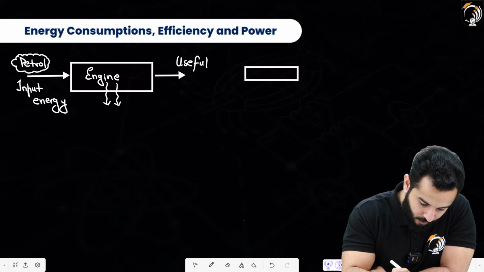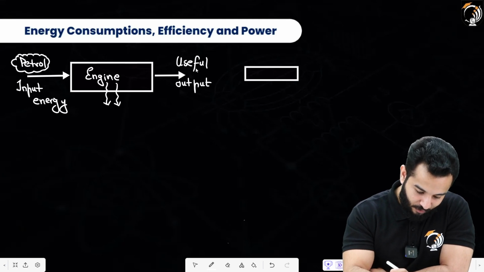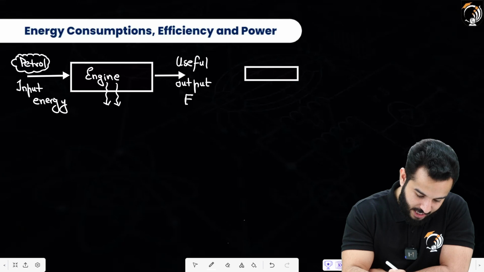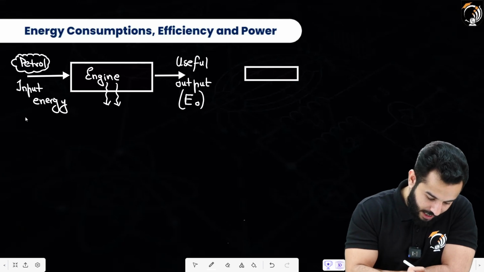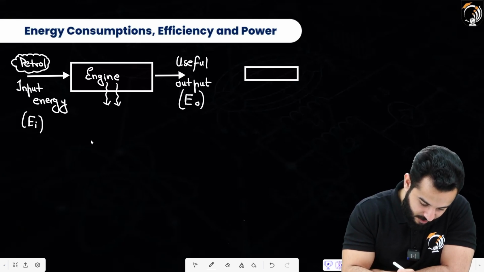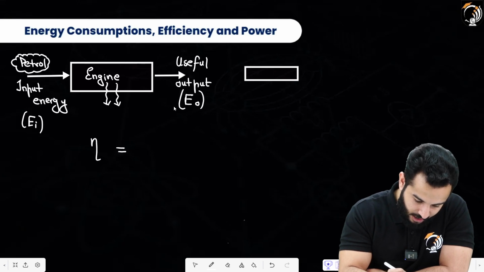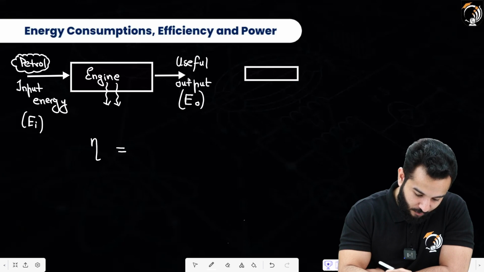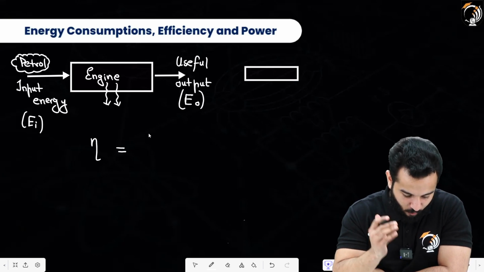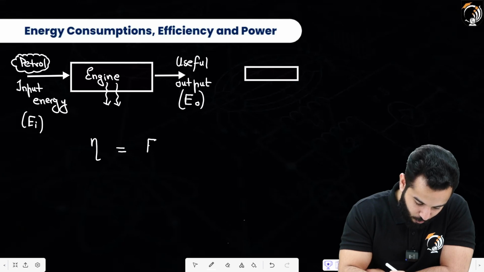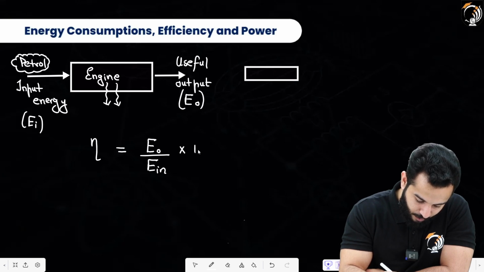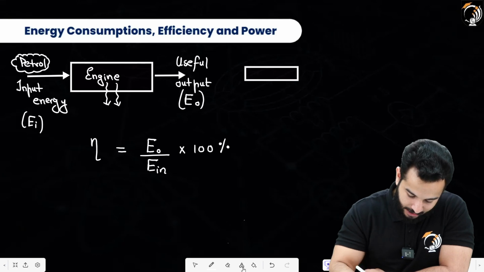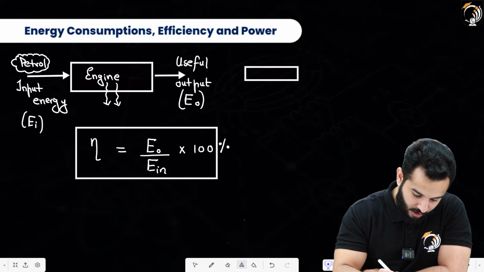If the useful output energy is, let's say, E output and the input energy is E input, the formula for efficiency is useful output, E output, divided by E input, multiplied by 100. That's how you're going to find out the efficiency.